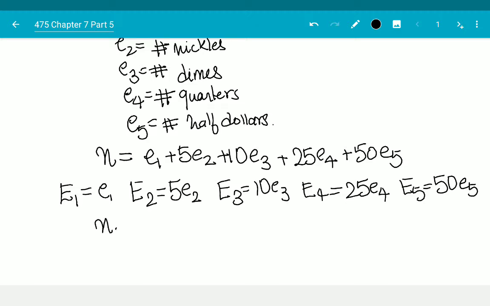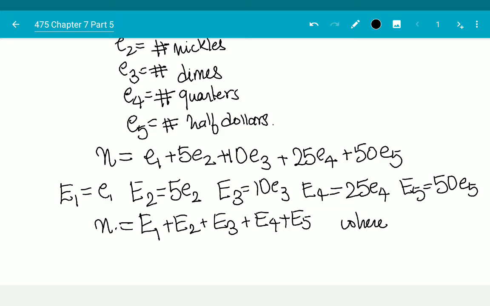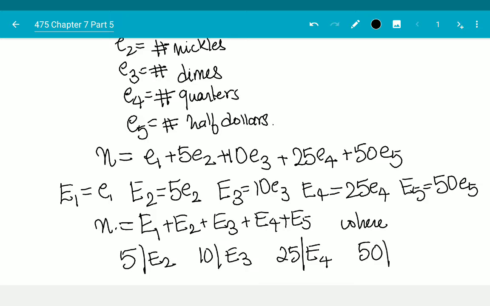Then I am just trying to solve for n equal to E1 plus E2 plus E3 plus E4 plus E5, where 5 divides E2, 10 divides E3, 25 divides E4, and 50 divides E5. Sorry, I got distracted.